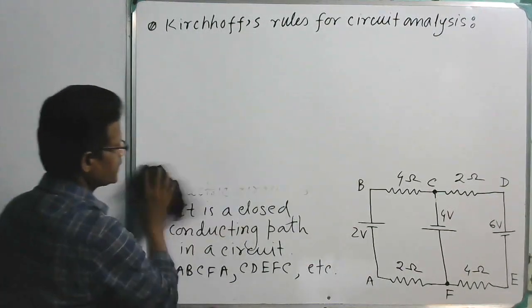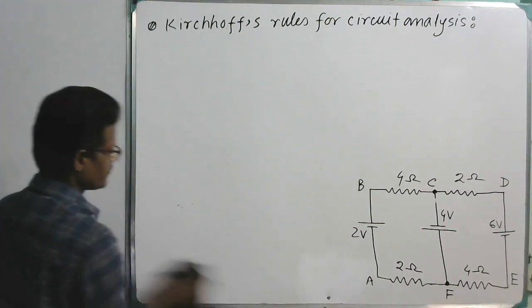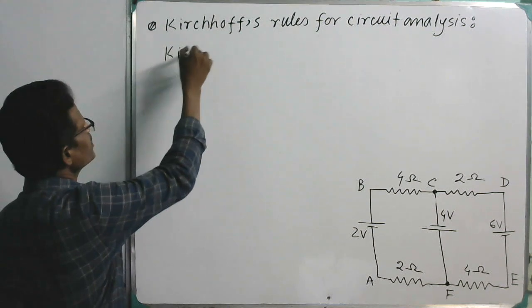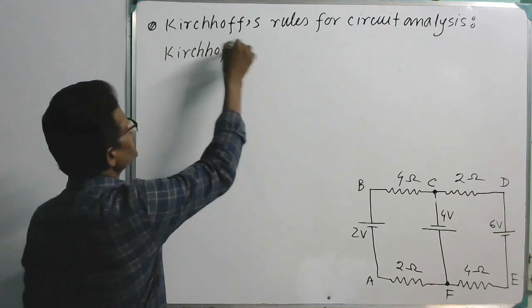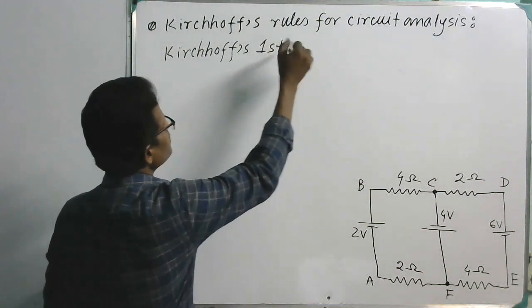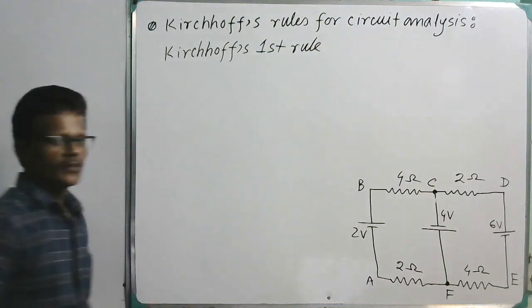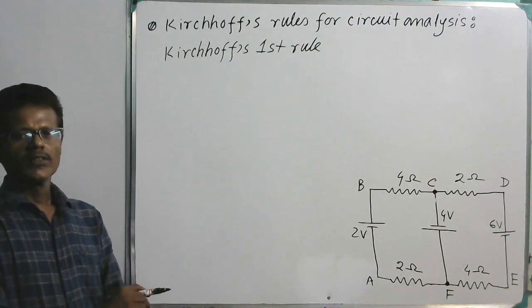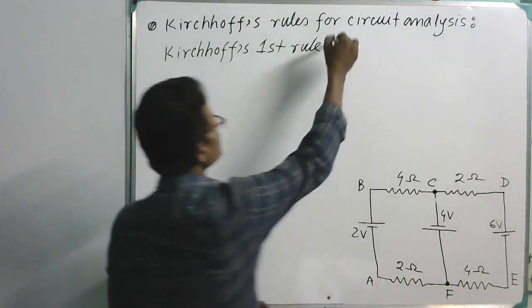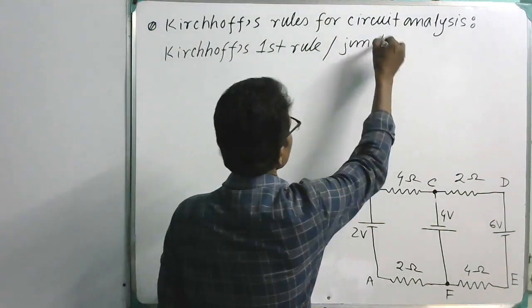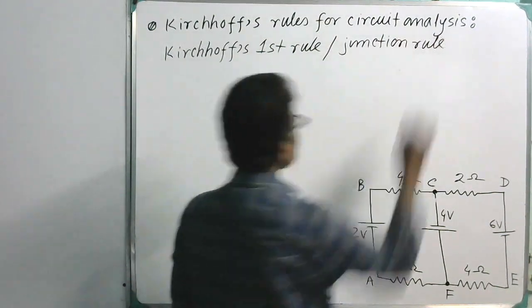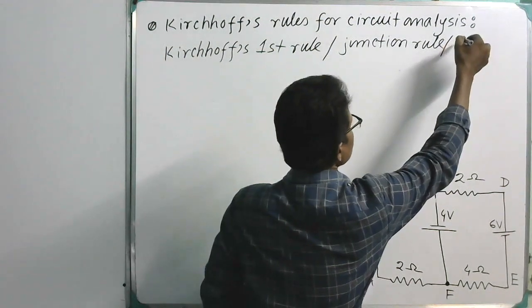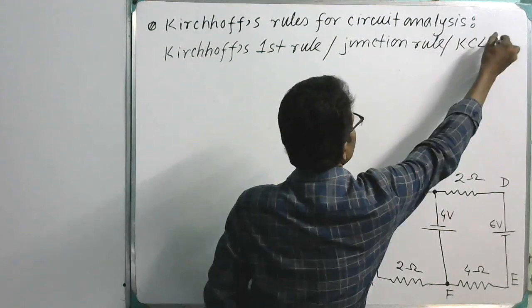Kirchhoff's first law or first rule, sometimes you can say this is the junction rule, or Kirchhoff's current law, KCL.